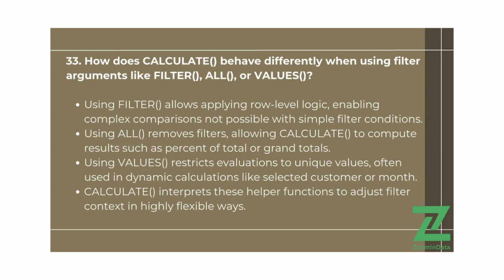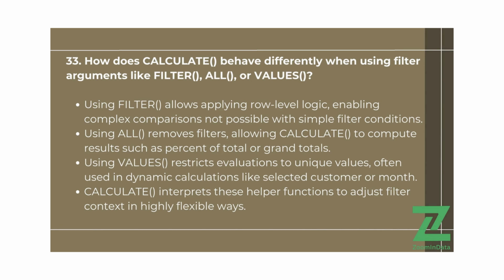33rd question. How does CALCULATE behave differently when using filter arguments like FILTER, ALL, or VALUES? Using FILTER allows applying row-level logic, enabling complex comparisons not possible with simple filter conditions.